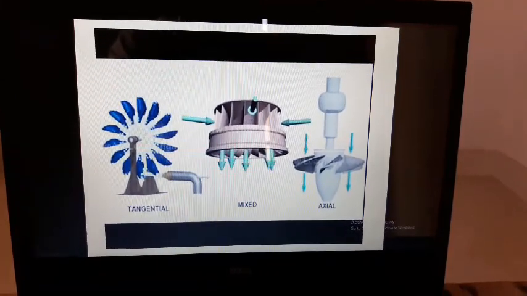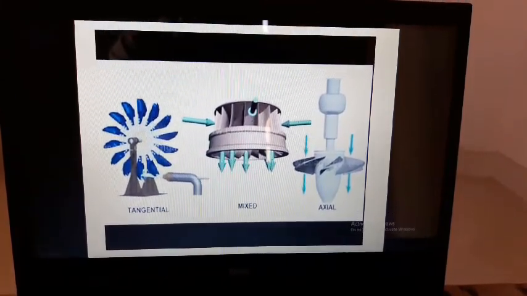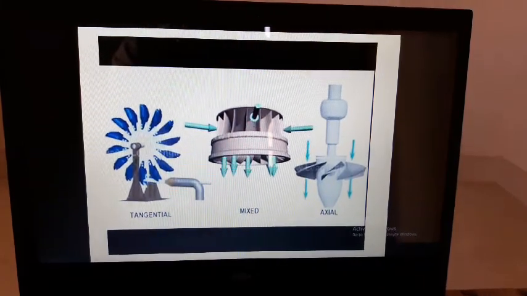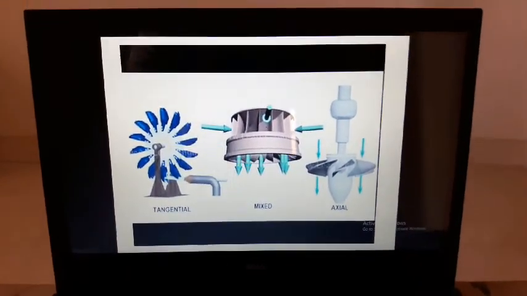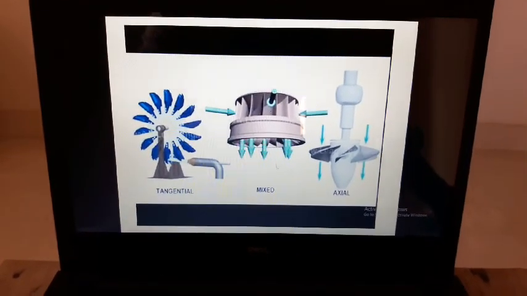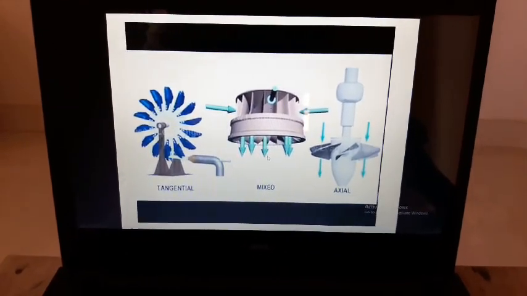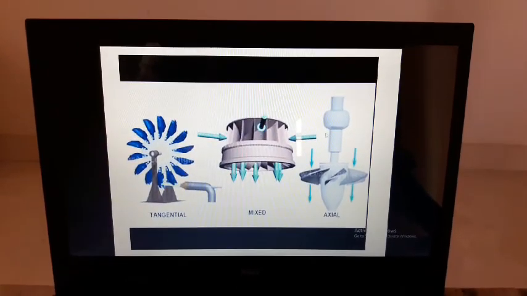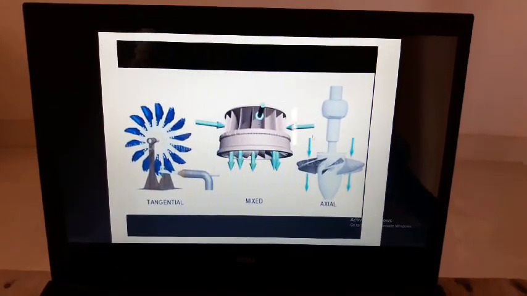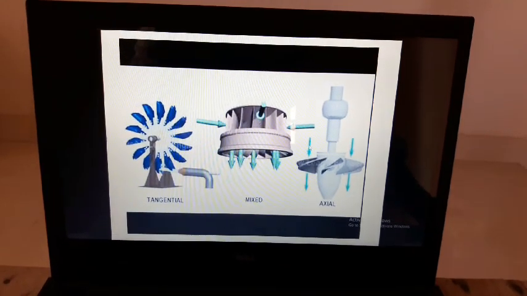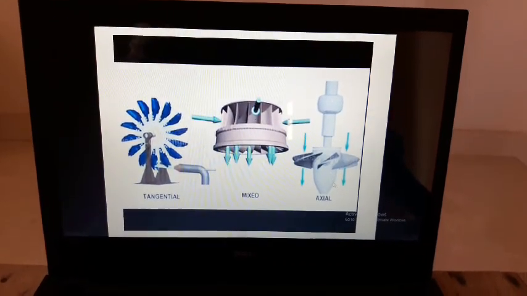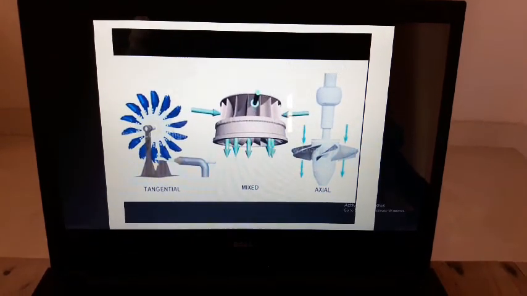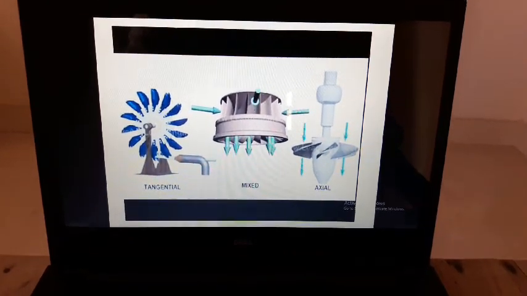In the second diagram, which is the rotor of the Francis turbine, water enters in the radially inward direction and it leaves in the axial direction to the runner. And the third type is the axial flow turbine, in which water enters in the axial direction to the runner shaft axis and it discharges in the axial direction to the shaft of the runner.